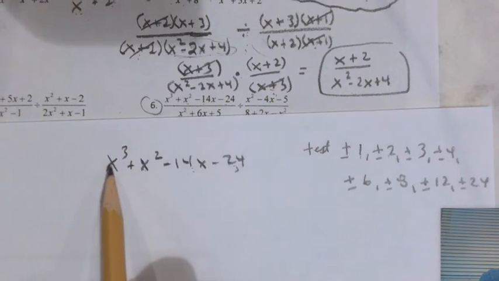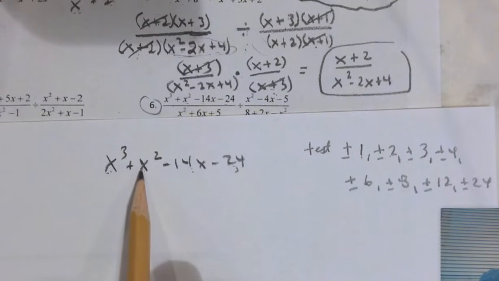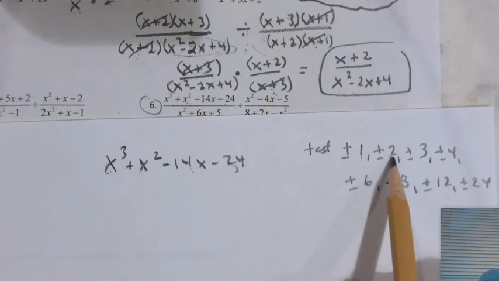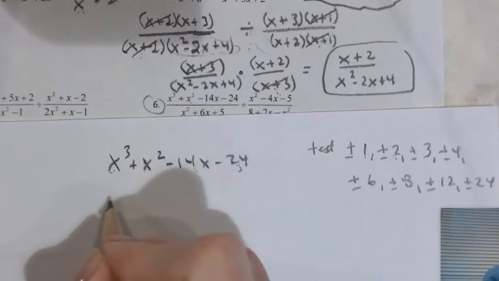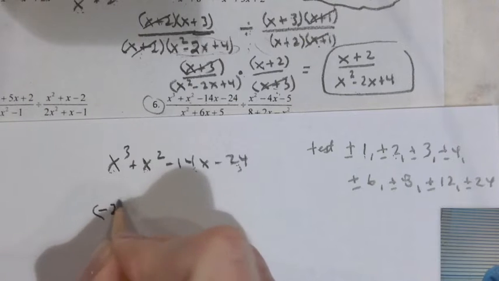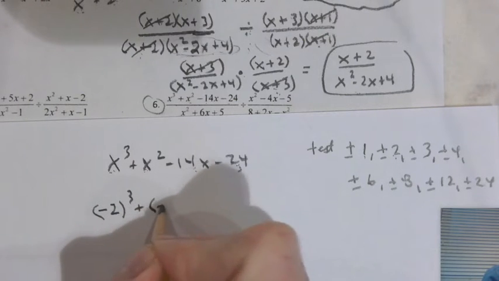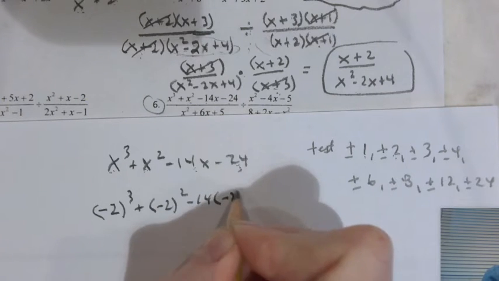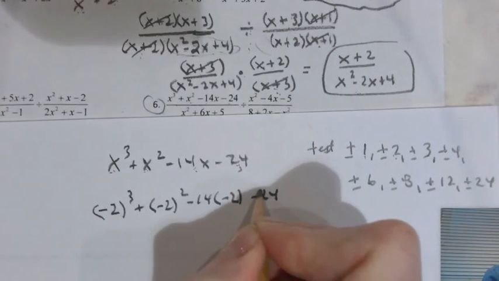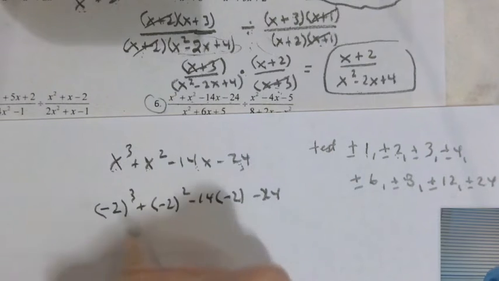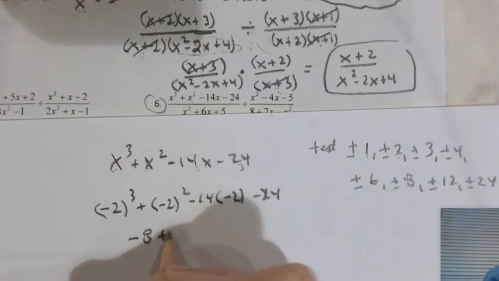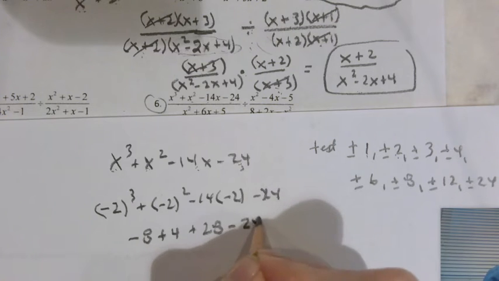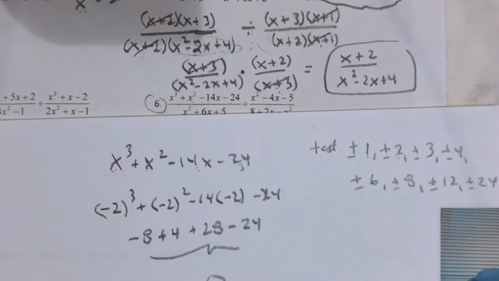If we plug in a 2, we get 8 plus 4 minus 28 minus 24. That doesn't seem to work. Let's plug in negative 2. I think negative 2 is going to work. So negative 2 cubed plus negative 2 squared minus 14 times negative 2 minus 24. That's negative 8 plus 4 plus 28 minus 24, and that in fact does give us 0.